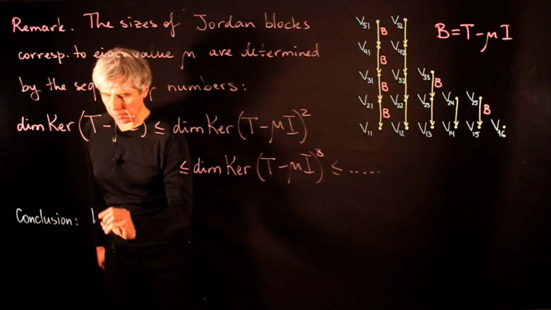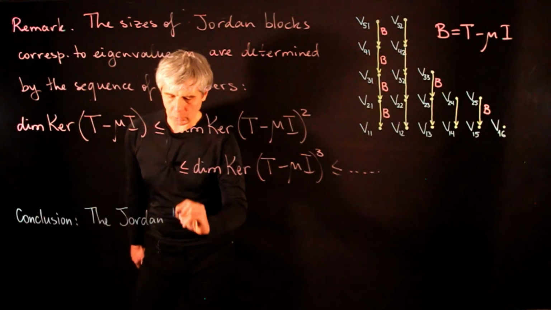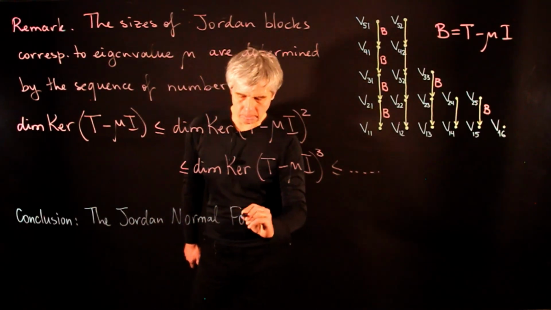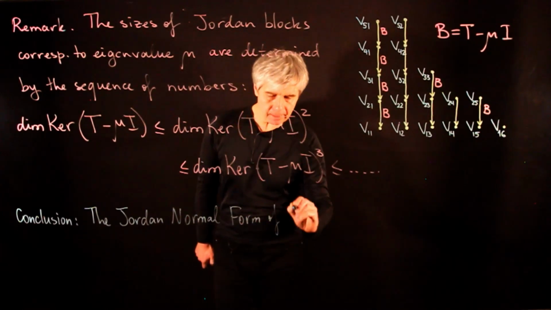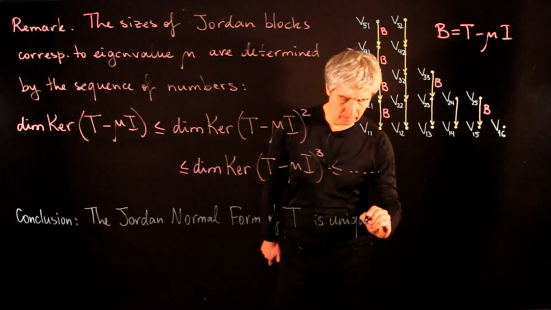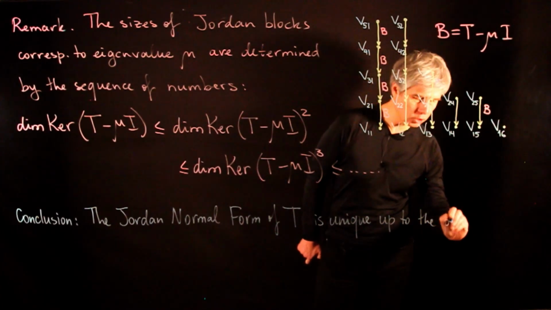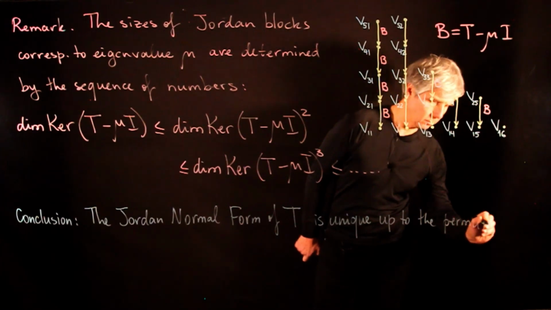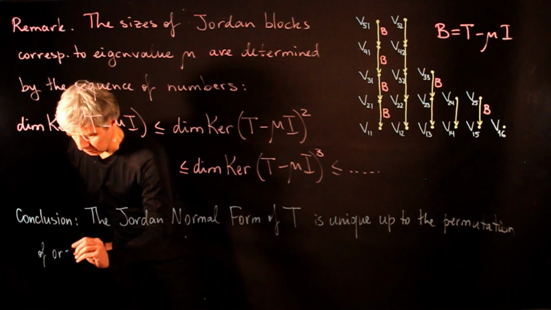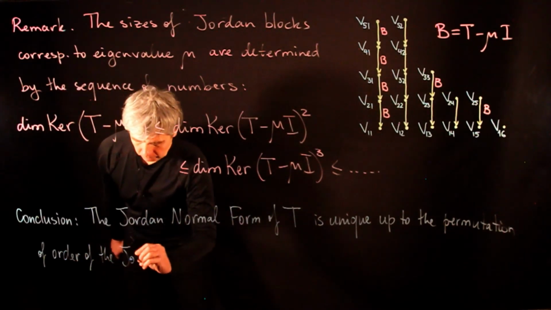So the conclusion is that the Jordan normal form of T is unique up to the permutation of order of the Jordan blocks.